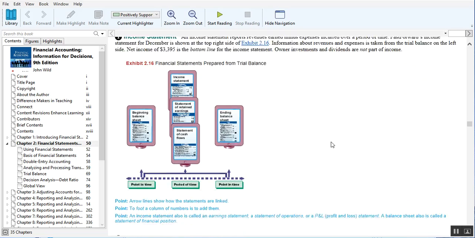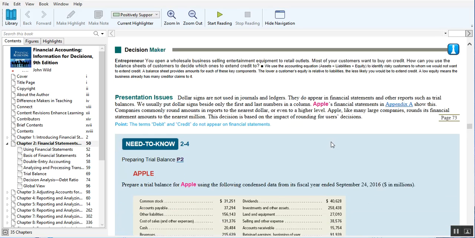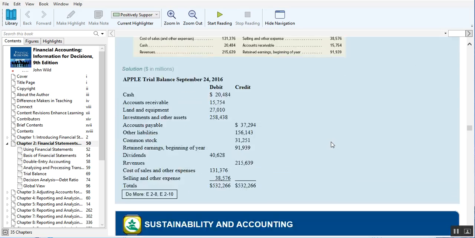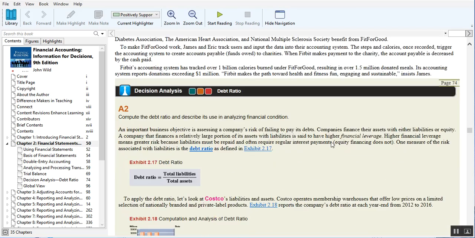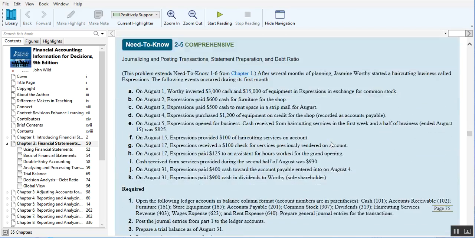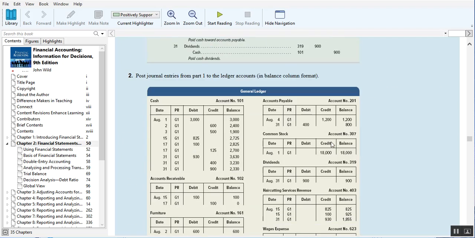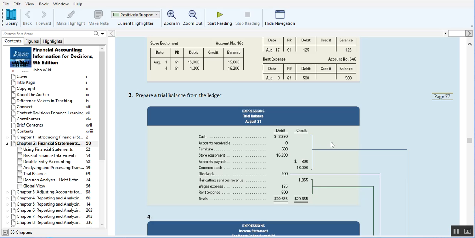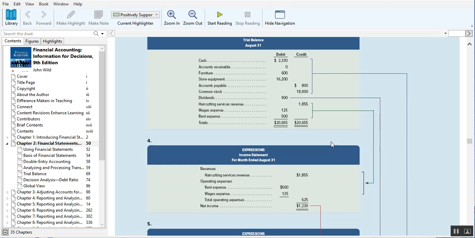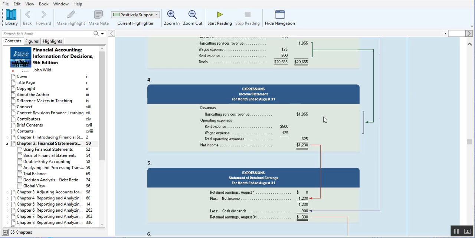Now, financial statements are prepared in a specific order. When you go through the financial statement preparation, we're going to prepare the income statement first. Here we have a trial balance. The first thing we're going to prepare is an income statement, which looks like this.